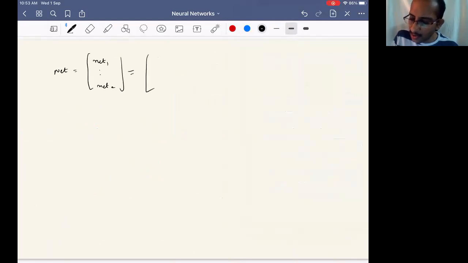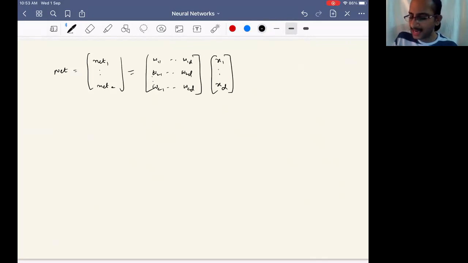Then the W matrix, let it be w11 to w1d, b let us leave for simplicity, w21 to w2d, and so on, up to WC1 to WCD. And then here we have X1 up to XD. Let us leave the bias and add it later. So assume that this is the net value.